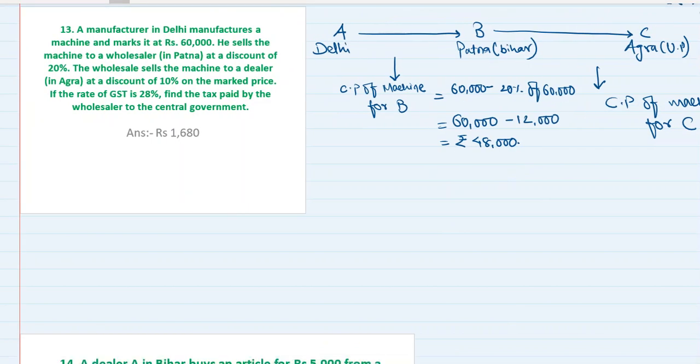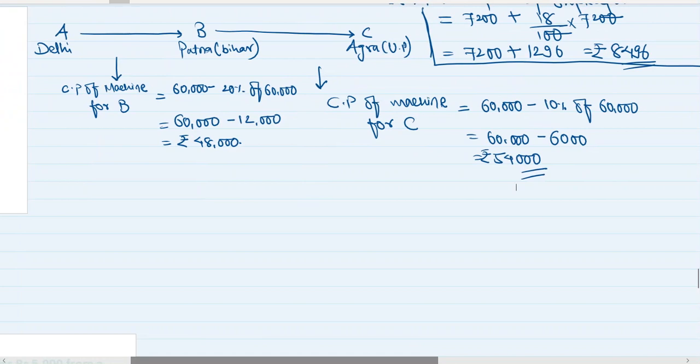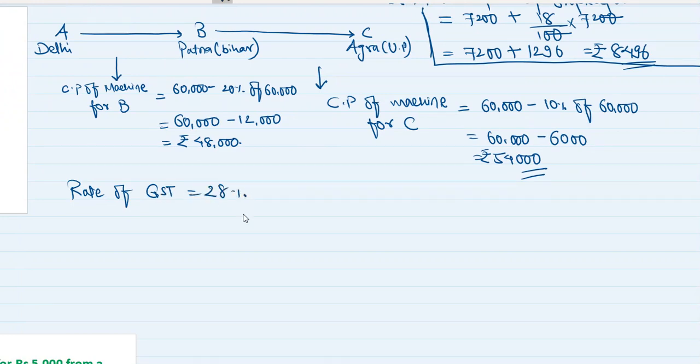If the rate of GST is 28%, find the tax paid by the wholesaler to the central government. Okay, so rate of GST is equal to 28%.